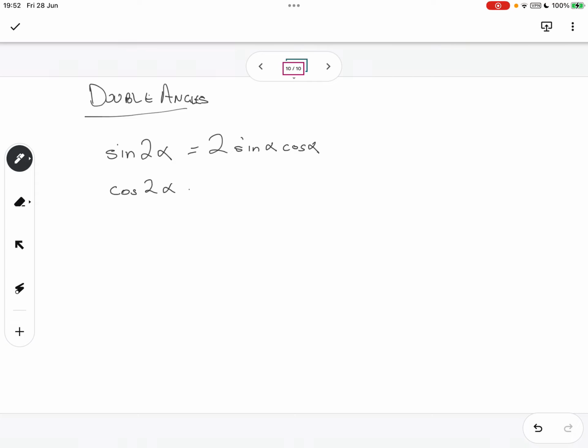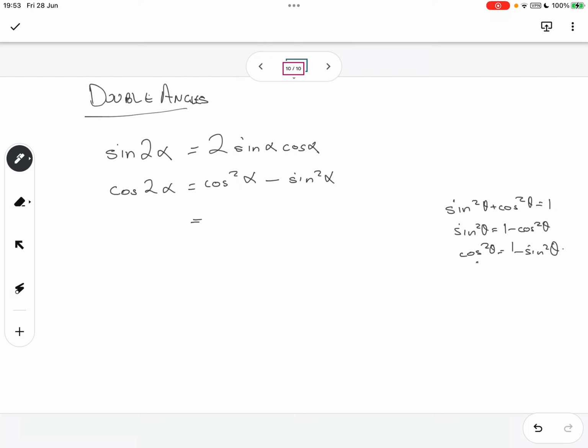And the second one is cos of 2 alpha, and that equals cos squared alpha minus sine squared alpha. And this can also be written as, if we use the square identity, then sine squared is 1 minus cos squared, and cos squared is 1 minus sine squared.